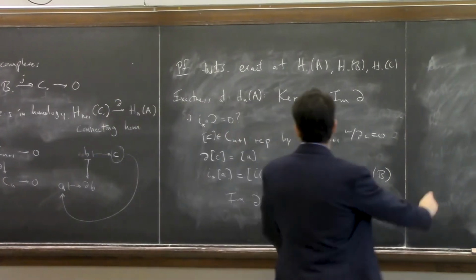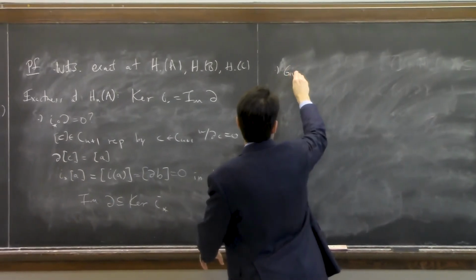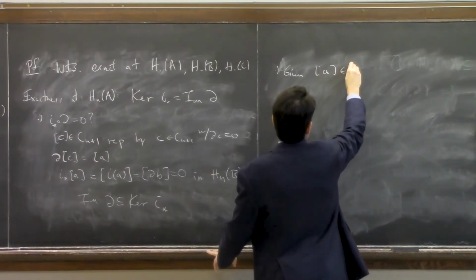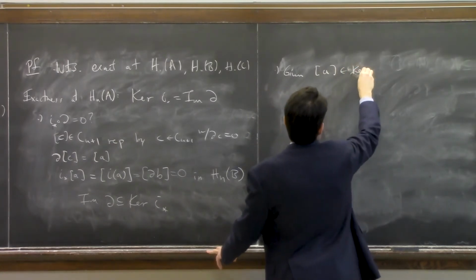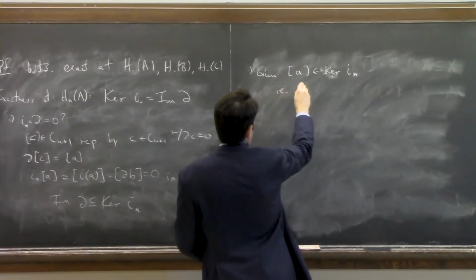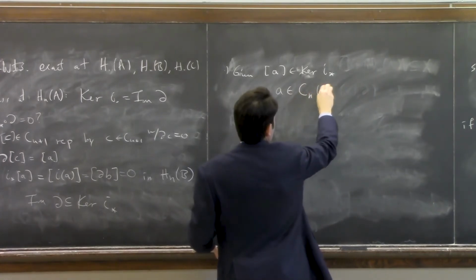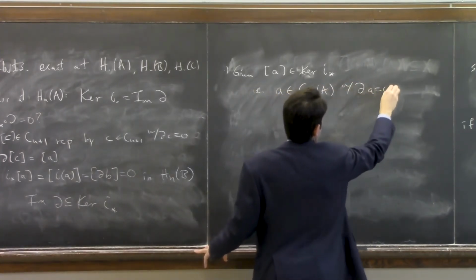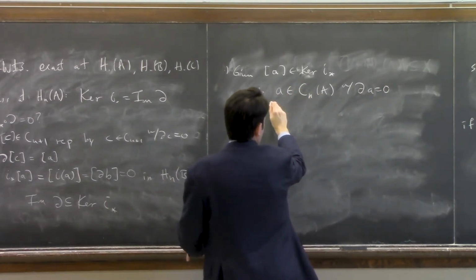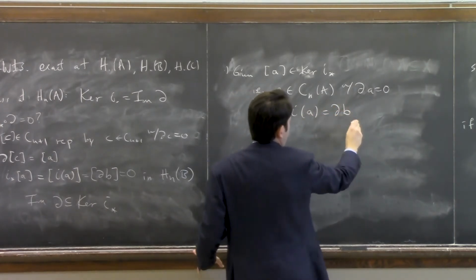So then we want to show the opposite inclusion, so given a class in the kernel of I star, right, so that is represented by an element of here that's a cycle with I of A equal to a boundary.